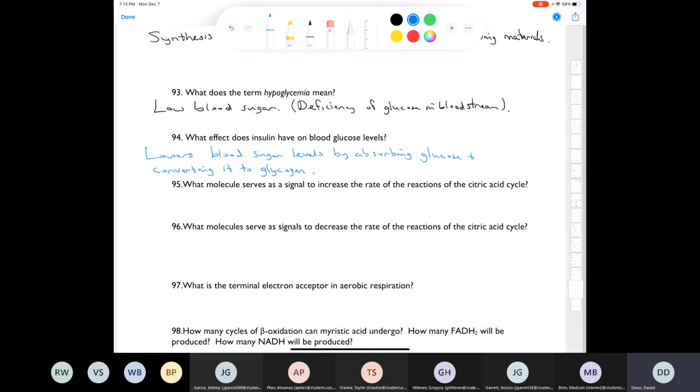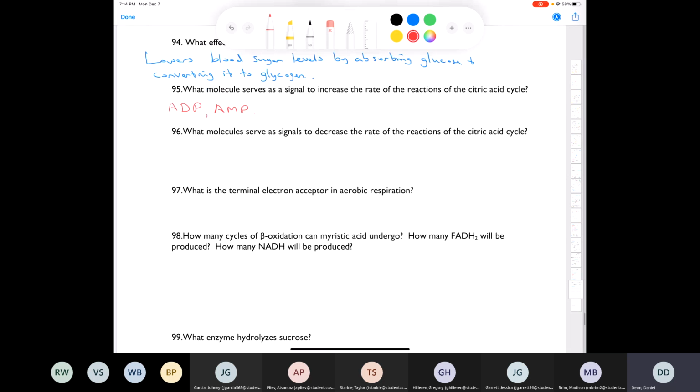What molecule serves as a signal to increase the rate of reactions of the citric acid cycle? You could put ADP, you could put adenosine monophosphate, right? Because you have low ATP, and so any of the products of the removal of a phosphate from ATP.